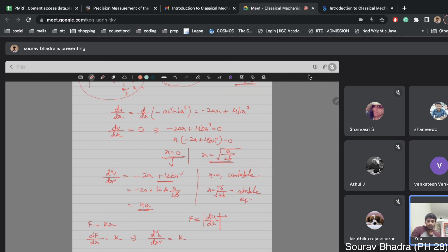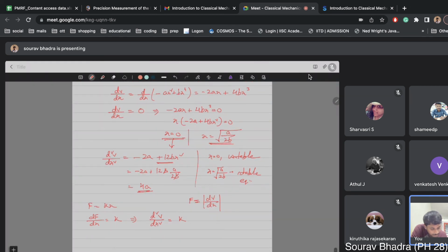Okay, U or V, whatever you can say, I have used V, that's why it is better to write V. Okay, this is k. So this ∂²V/∂x² is the same as that ∂²V/∂x², and by putting in the stable equilibrium point, we have already found the value of k is 4a.